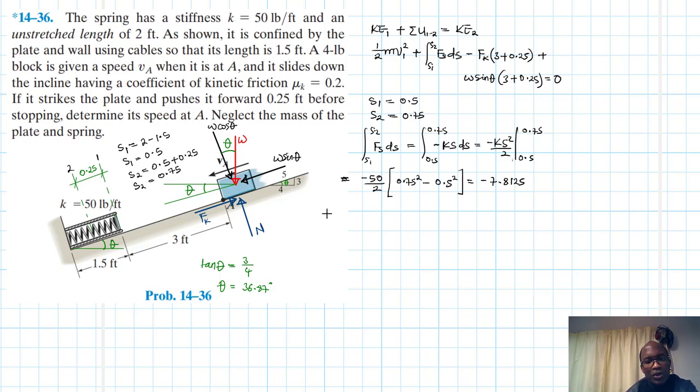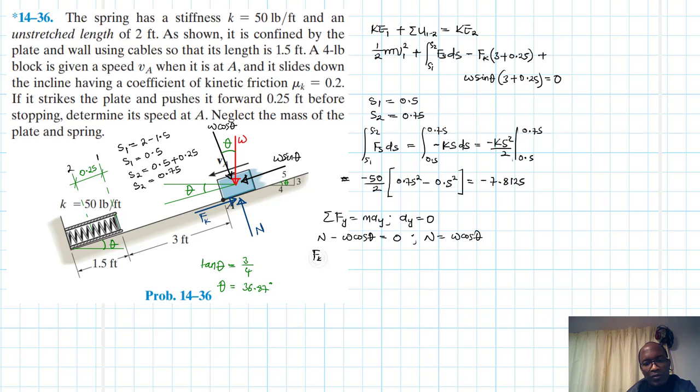And then let's work on the friction. We'll say summation of forces in the y equal to m a_y, but we know that our a_y is just equal to 0. Therefore, we have N minus W cos theta equal to 0. Therefore, our N is just equal to W cos theta.